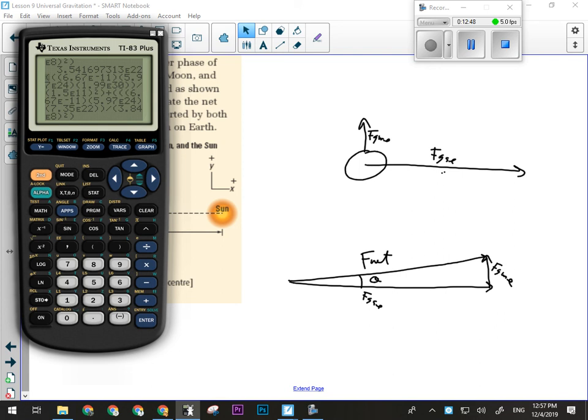Actually, no, I'm not going to put in another set of brackets. I'm going to put in a square root sign. Okay, and then I'm going to drop down here. Put a squared in there and another bracket.